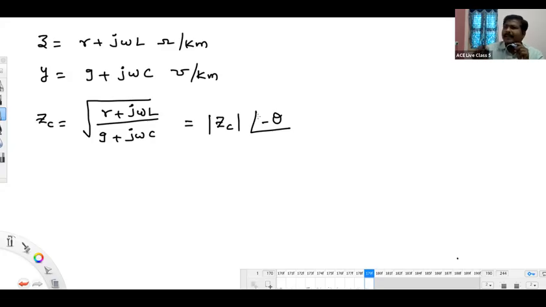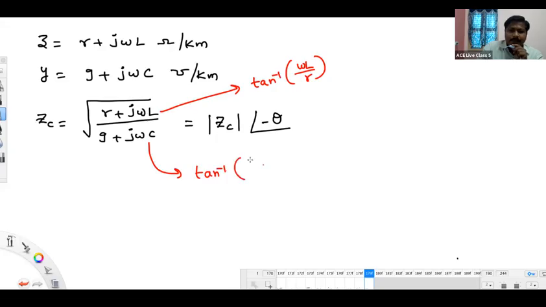It depends upon the angle of the numerator as well as the angle of the denominator. What is the angle of the numerator? Tan inverse of omega L by R. And what is the angle of the denominator? Tan inverse of omega C by G.